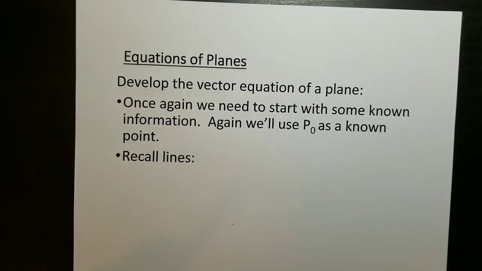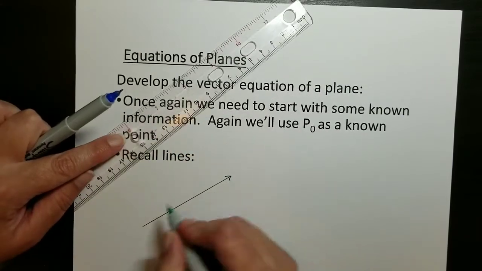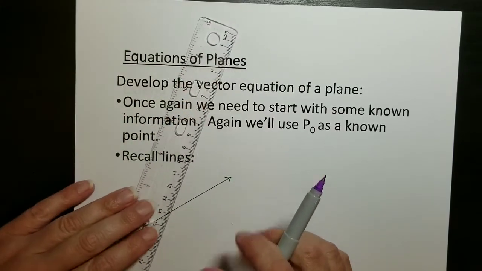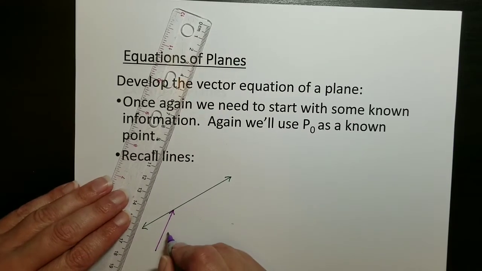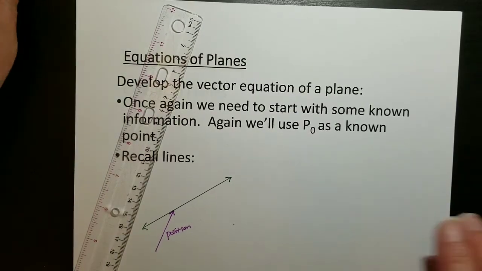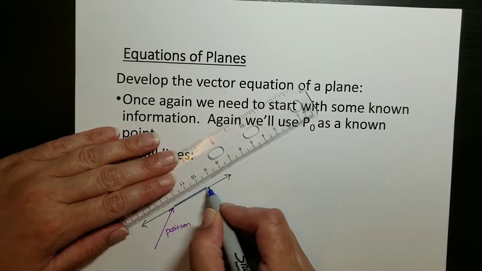So I'm just going to redraw that for lines. For a line, we had to get a position vector and then some scalar multiple of a direction vector.